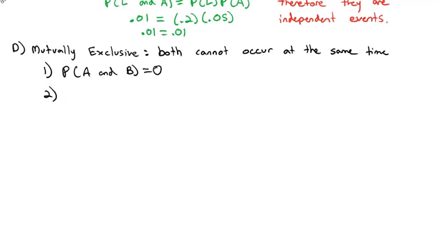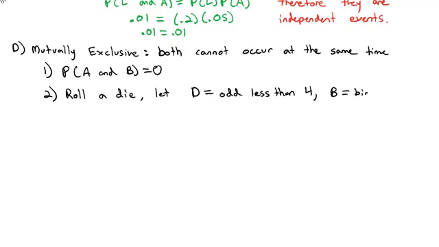An example of this would be if I were to roll a standard 6-sided die, and we're going to let D, actually I'm going to use the letter D because O is a bad letter for math, D is going to represent an odd less than 4. B is going to represent a number bigger than 3. So what you see is D, the odds less than 4, are the numbers 1 and 3.